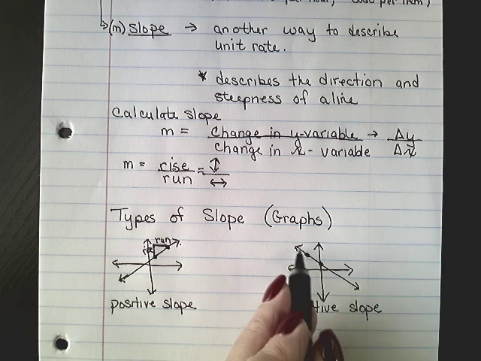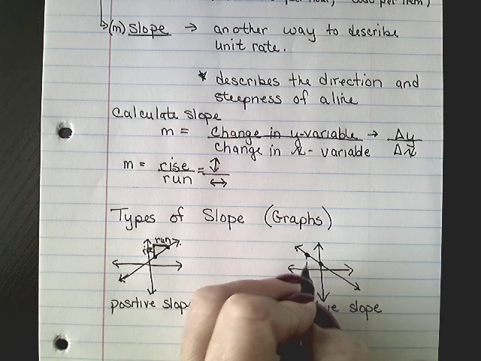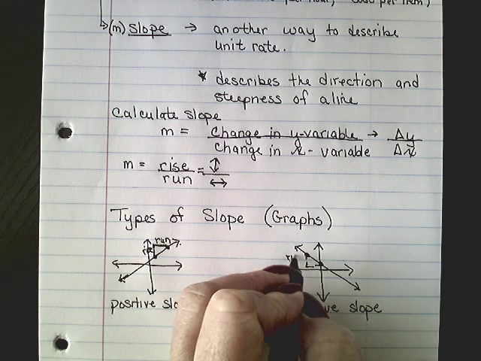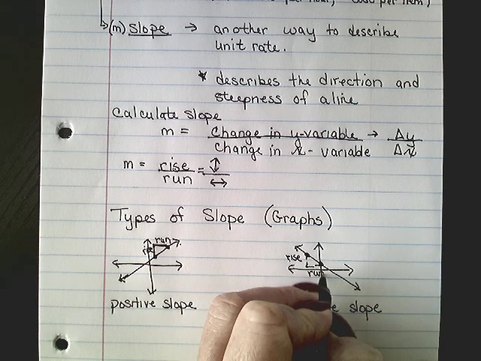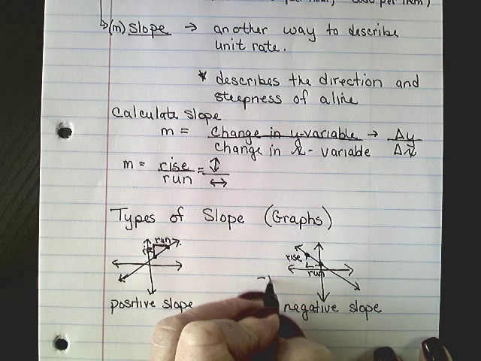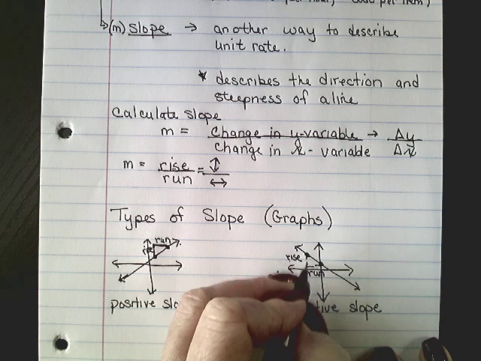Starting at the left, it's falling down as you go from left to right on the graph. Negative slope, this would be your rise and your run. So we're going to have negative rise over run, because we're going to count down.